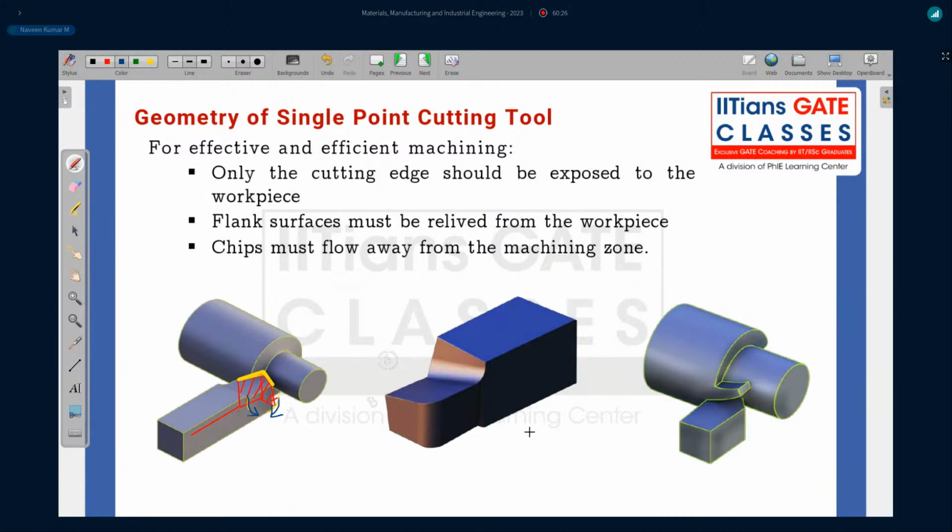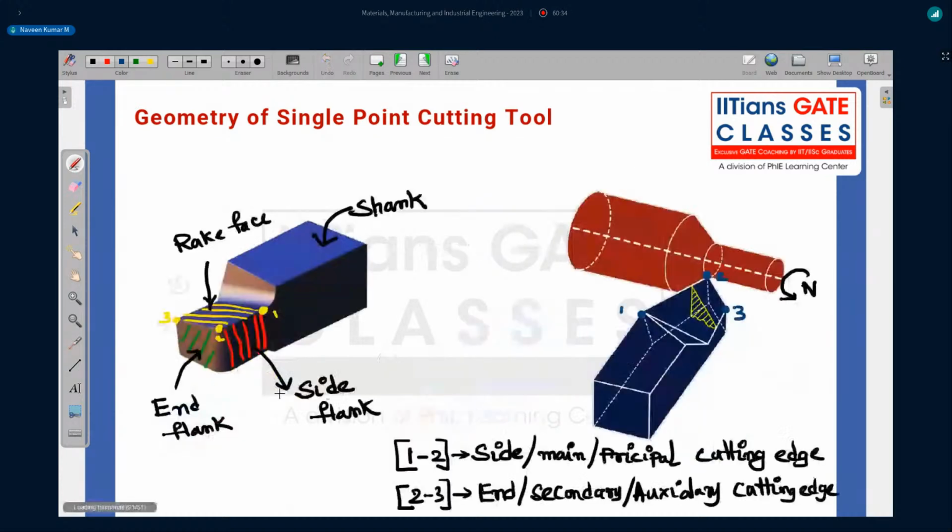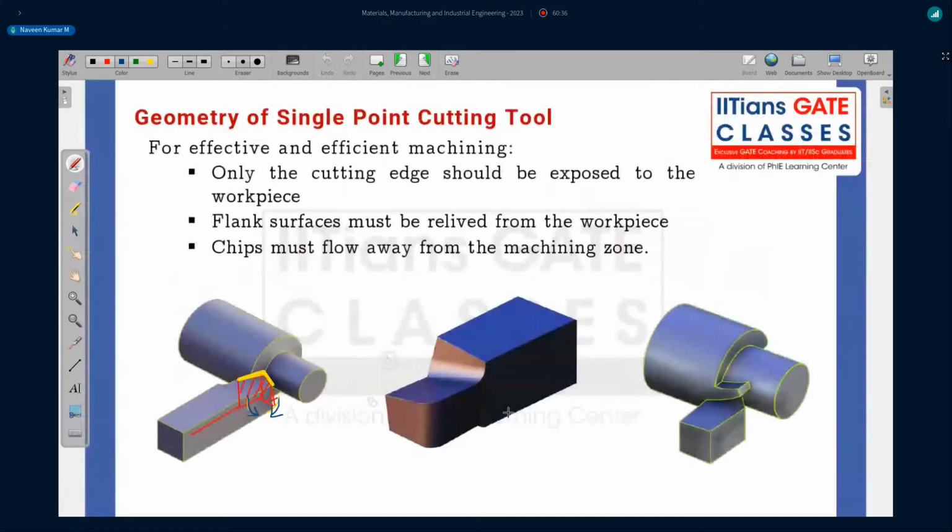Next, flank faces must be relieved from the workpiece. What are the flanks? End flank and side flank. We have seen flanks, right? These flanks should not have any contact with the workpiece. For that, I will tilt them inside. If you see, there is some angle here. Let me take this color. This is some angle. Can you see this is some angle?